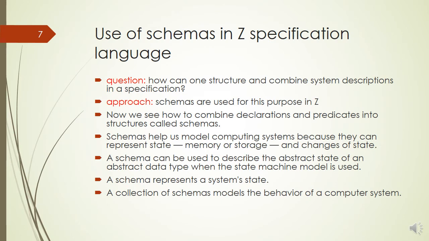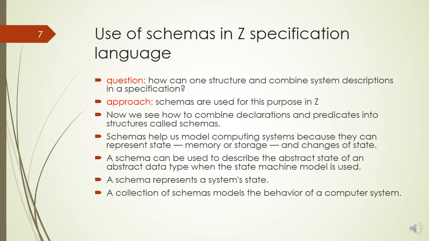Students, we can raise a question: how can we combine system description in a formal specification in a structural way? The answer is that in order to formally specify the system description in Z specification language, we can use the concept of schemas.